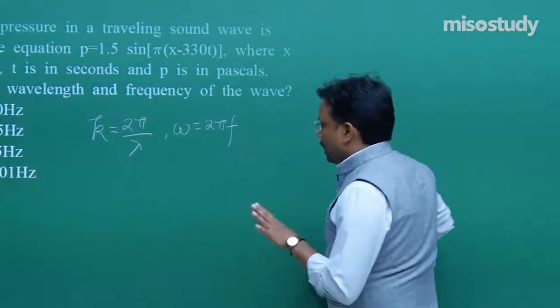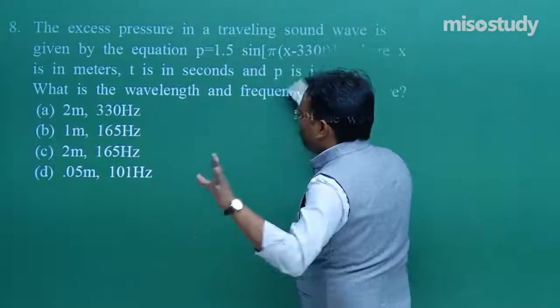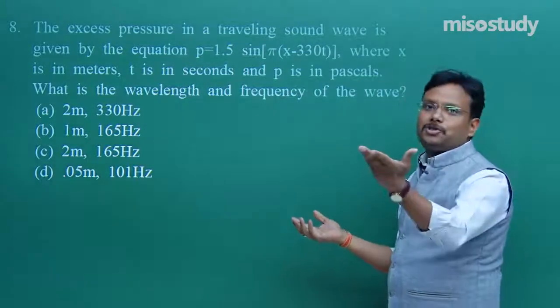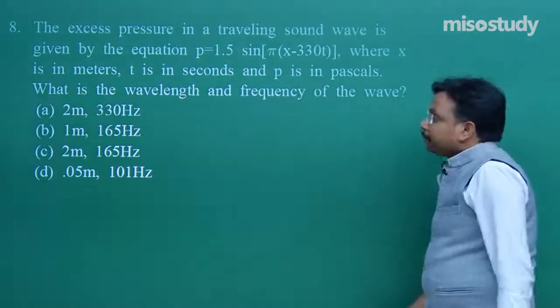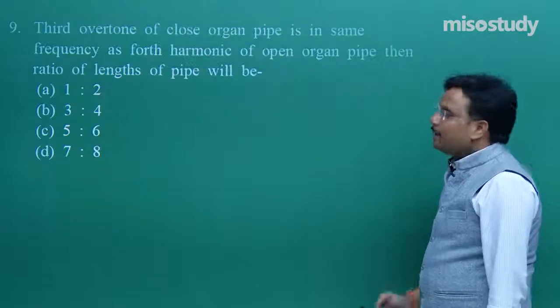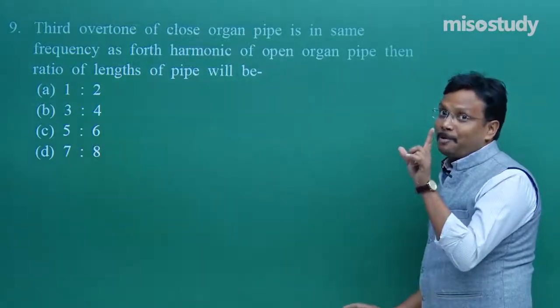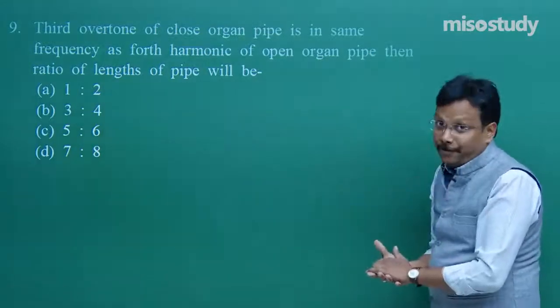Here I am not giving you a detailed solution, because I am giving you the approach, so at any point of time you can solve it yourself. Now the next question, as per my promise, is similar to the previous question, I think it was the 4th or 5th question.